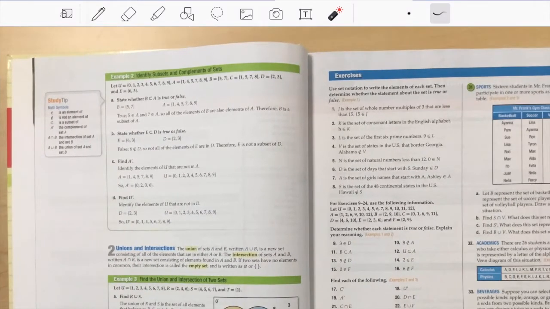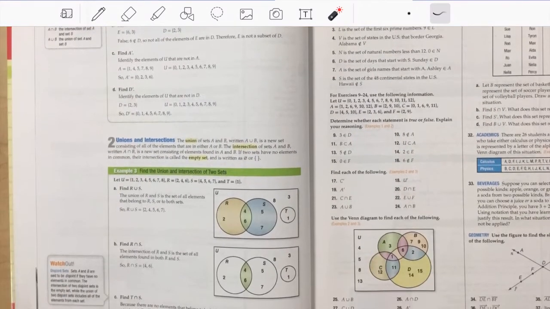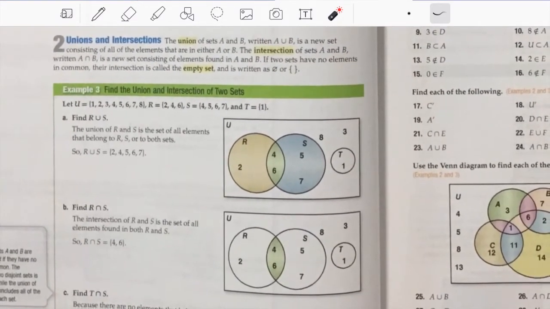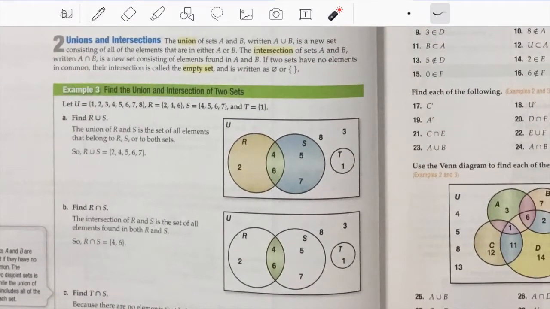Again, not super important. What's probably the most important is this idea of union and intersection. The union of sets A and B would be everything in set A and B. The best way to think about this is like this Venn diagram. If we look at R and S, these are two separate sets. Everything in R and S together is the union of those two sets, and you only have to write each number one time.